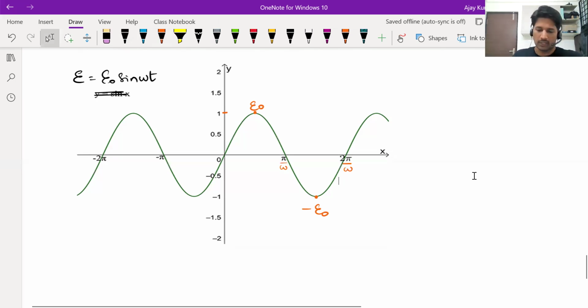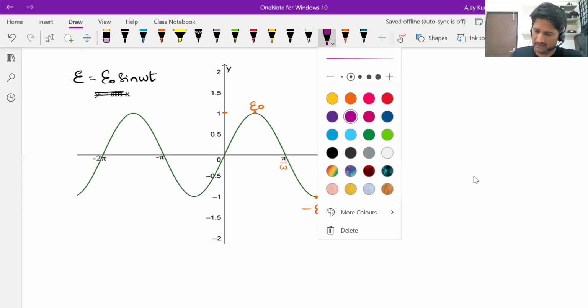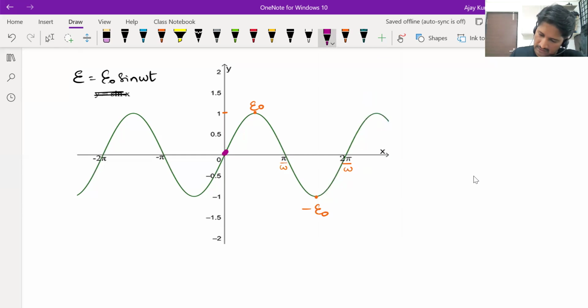Now what we want is the average of the positive half cycle or the average of only the negative half cycle. Let's consider only the positive half cycle for now. Now, the graph clearly is not linear, as you can see. It's a sinusoidal function, a wave shaped function. And we want the average of all these values.